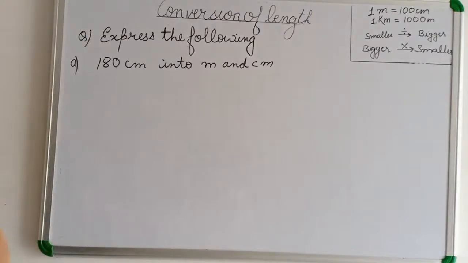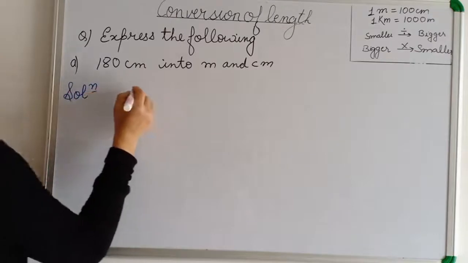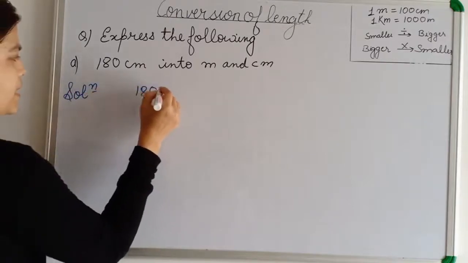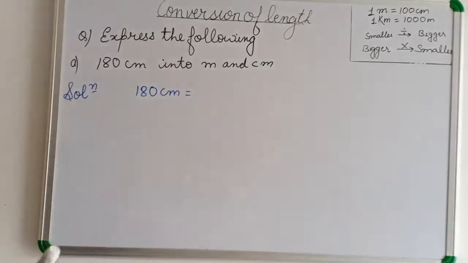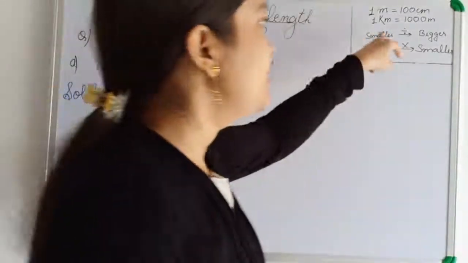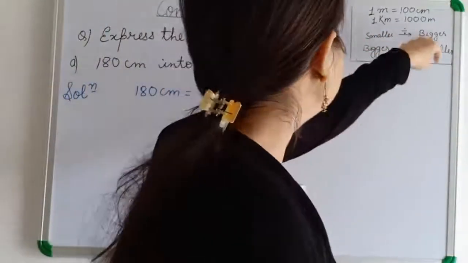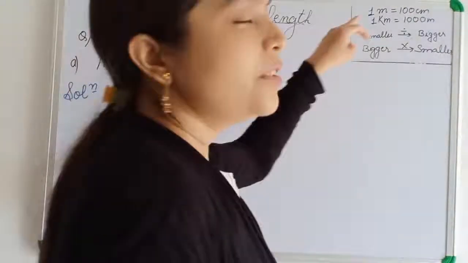Here it is 180 centimeter. We have to convert into meter and centimeter. Meter is the bigger unit and centimeter is smaller. So we are going from small to bigger, so we have to divide.